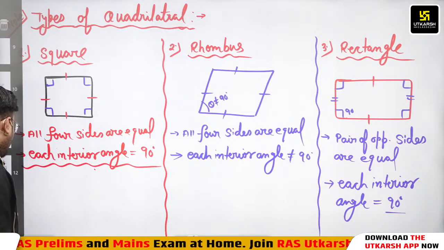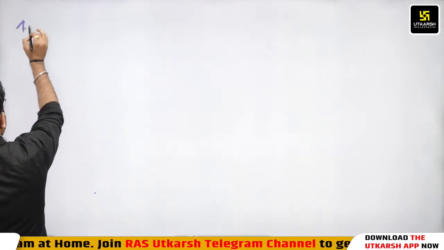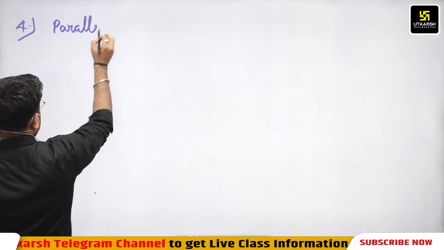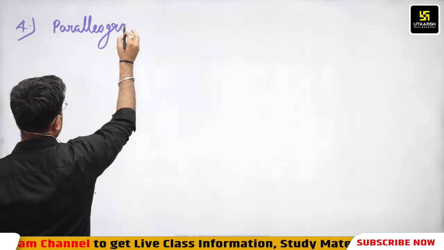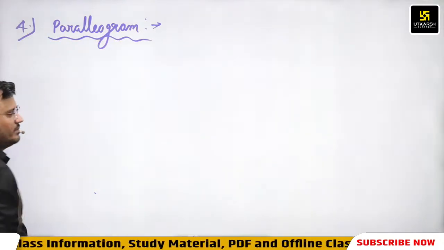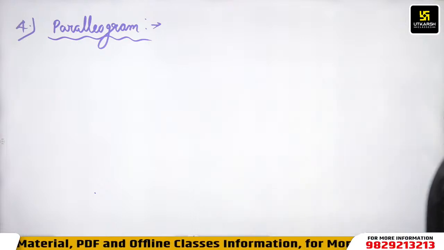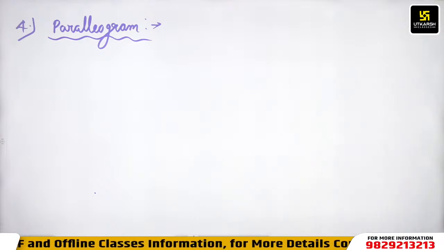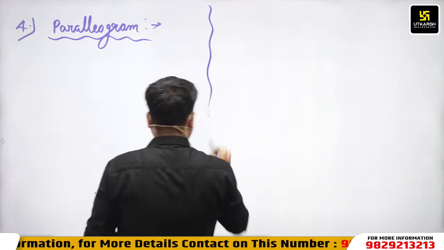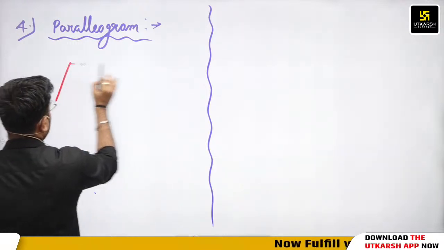Now moving forward, the fourth type of quadrilateral is known as your parallelogram. So a parallelogram is also the same as a rectangle, but the difference is what? Each interior angle is not equal to 90 degrees in a parallelogram. So this is your parallelogram.